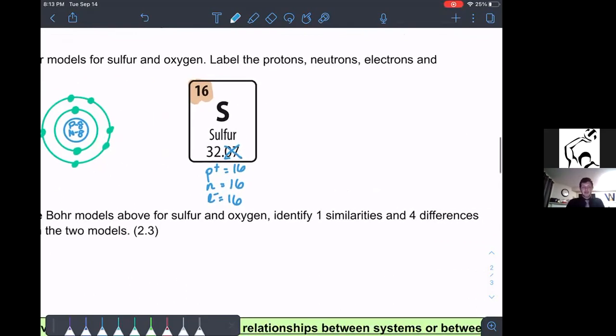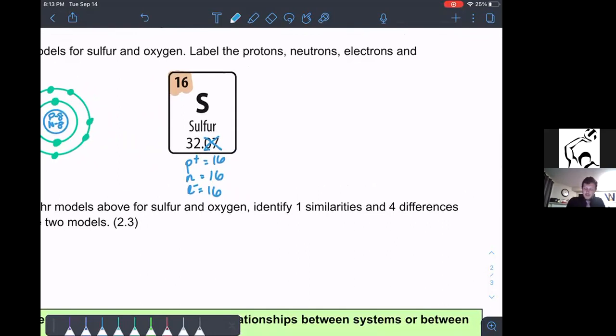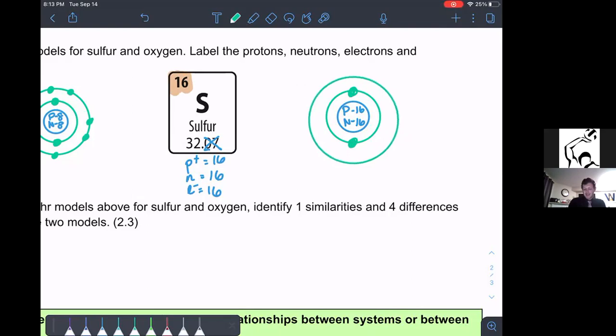All right, so now what we're going to do is we're going to draw a nucleus again. All right, and we have protons and neutrons in the nucleus. So we have 16 protons and 16 neutrons. Once we have that, we're going to draw our first ring or our first orbital. How many electrons go in that first orbital? 2. Then we add our second orbital. How many electrons can go on the second orbital in total?